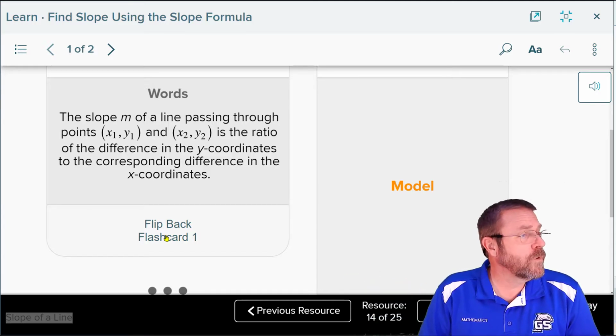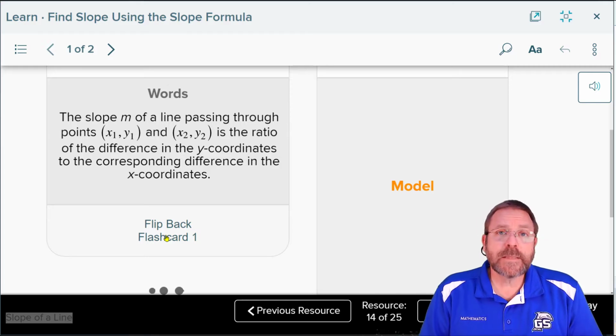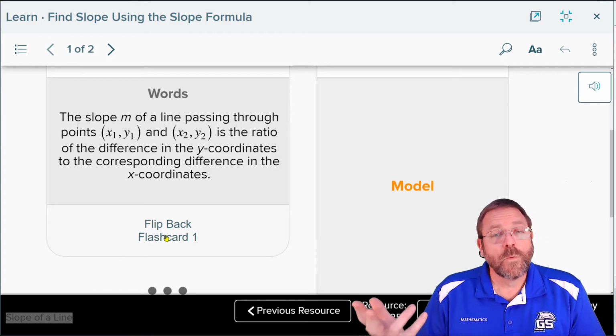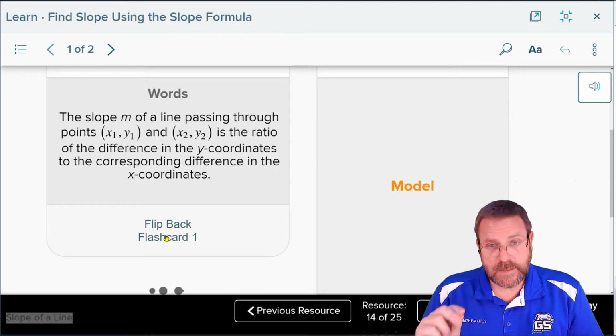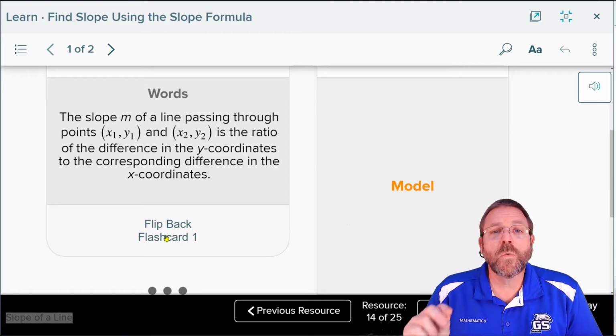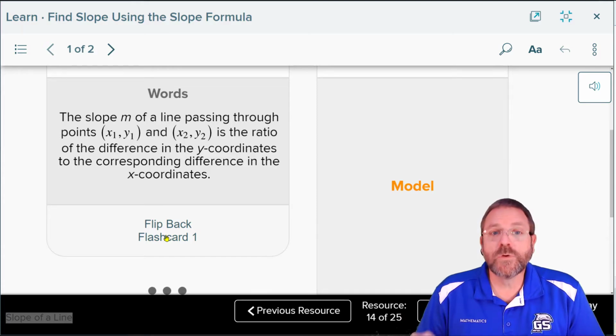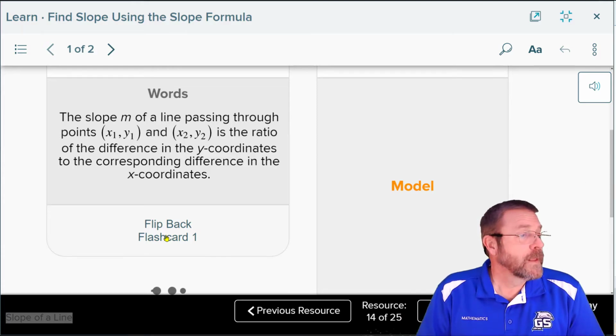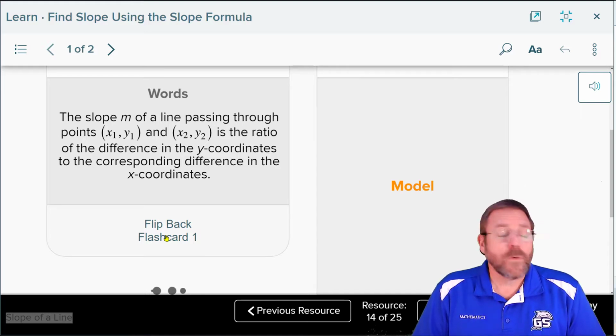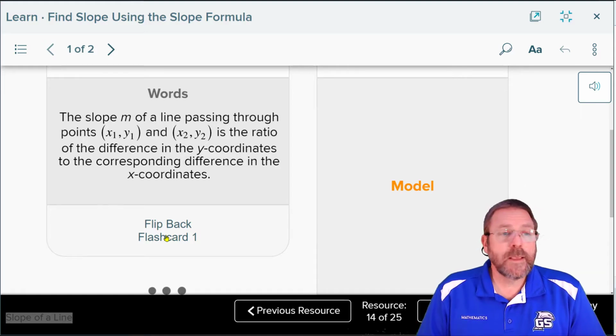But anyhow, the slope m of a line passing through point 1, which is x sub, like submarine, sub 1, y sub 1, and x sub 2, y sub 2, is the ratio of the difference in the y coordinates and the corresponding difference in the x coordinates.